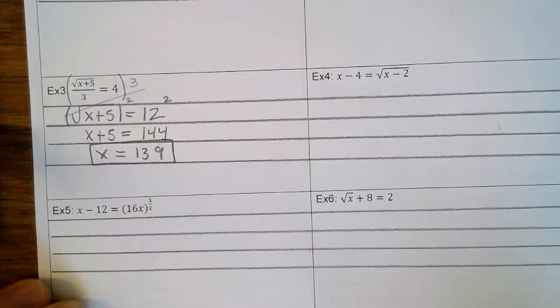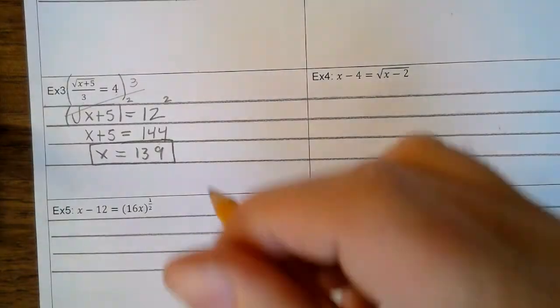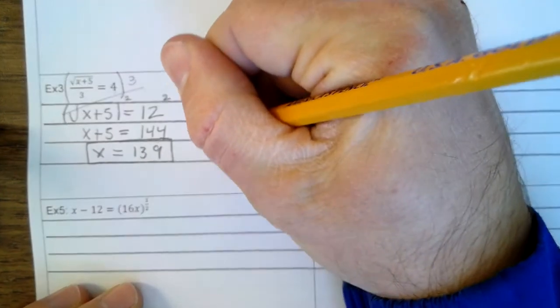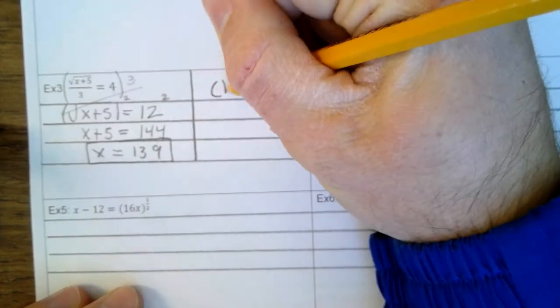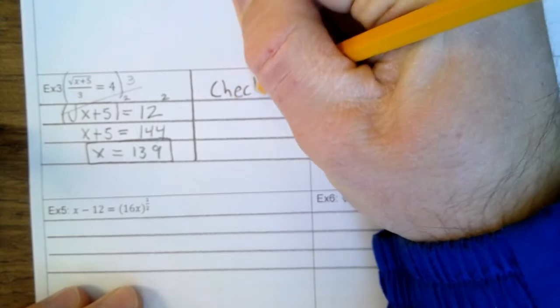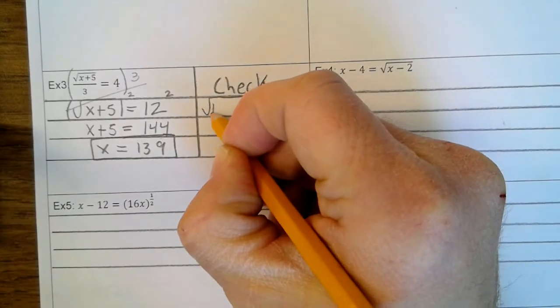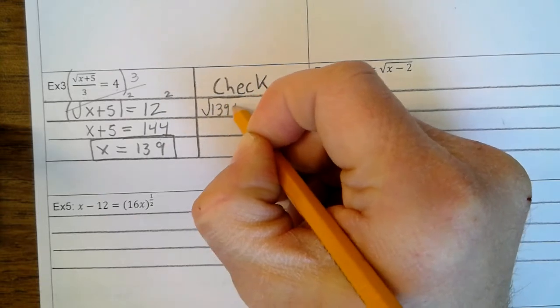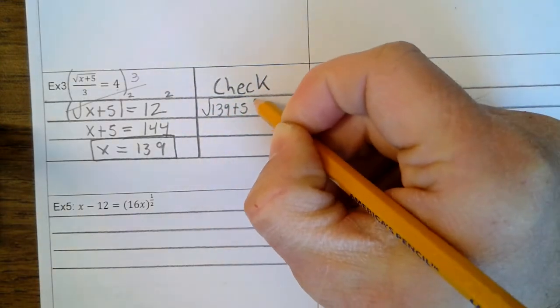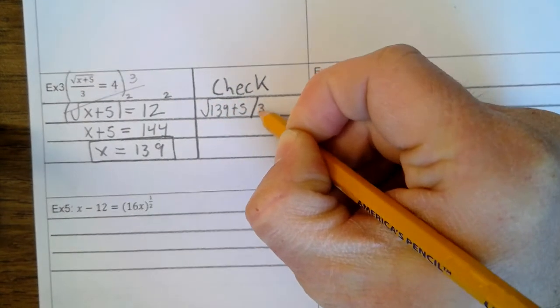And again, you want to check. So you substitute 139 back in for x. So that becomes the square root of 139 plus 5 divided by 3 equals 4.